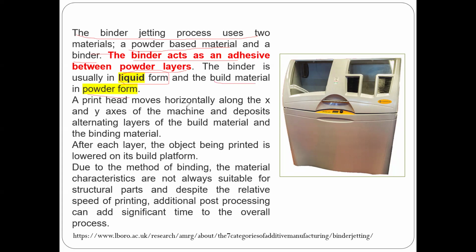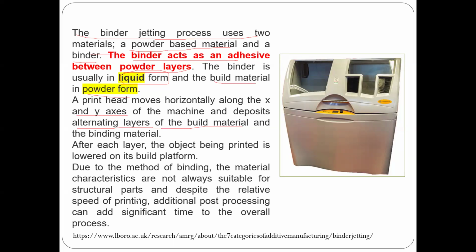The print head moves horizontally along the X and Y axes of the machine and deposits alternating layers of the build material and the binding material. After each layer, the object being printed is lowered on the build platform. Due to the method of binding, the material characteristics are not always suitable for structural parts.